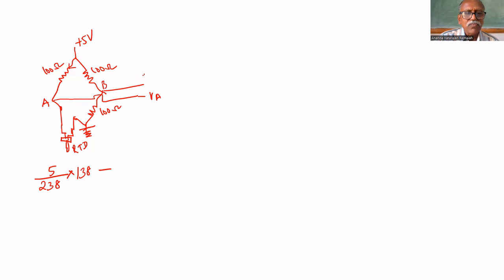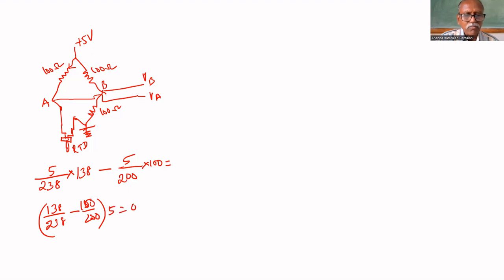This is at B. VB is equal to what? VB is equal to applied voltage 5 divided by the two resistances, 200, multiplied by 100, the drop across the bottom 100 ohm. Therefore, the difference is 138 divided by 238 minus 5 by 200 multiplied by 100, that is equal to 0.4 volt.